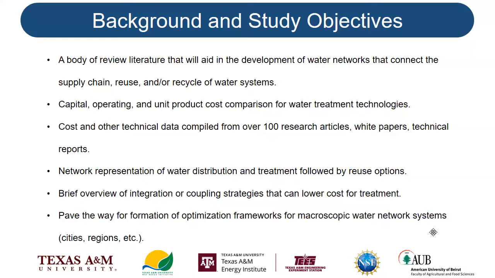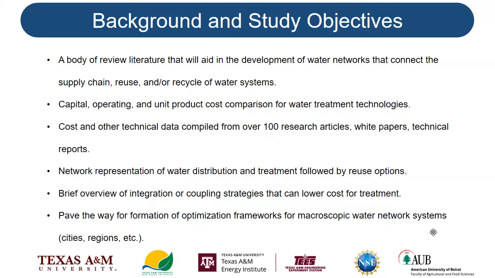We looked at cost and other technical data compiled from over 100 research articles, white papers, and technical reports. The network representation of water distribution and treatment, followed by reuse options. We also looked at the network, and a brief overview of integration of coupling strategies that can lower cost for treatment.